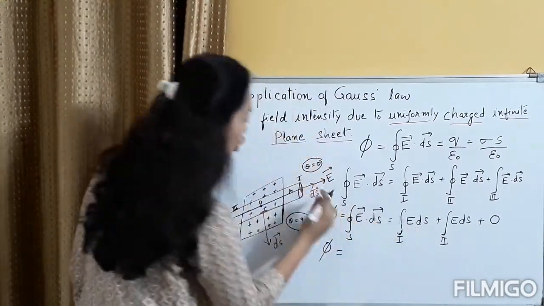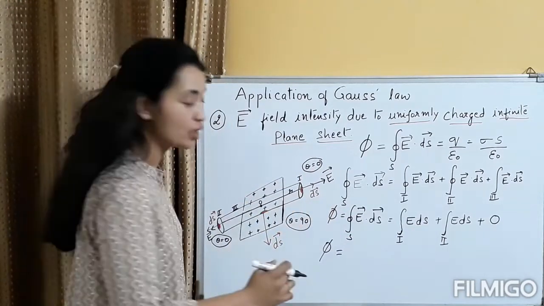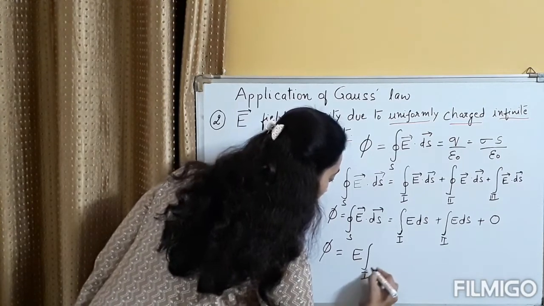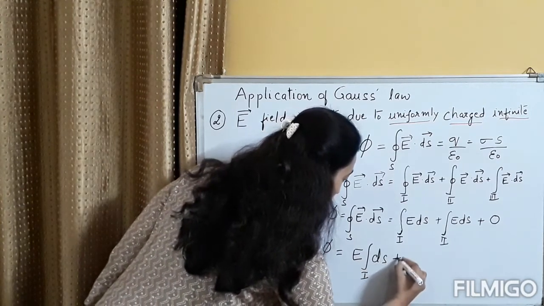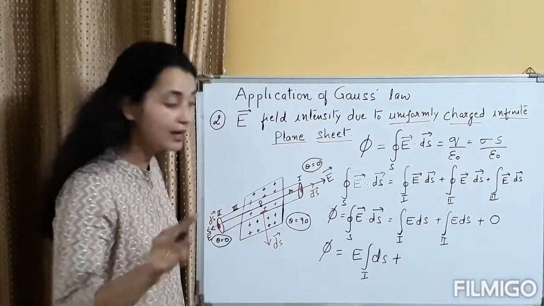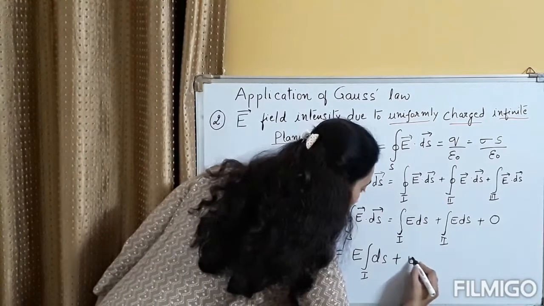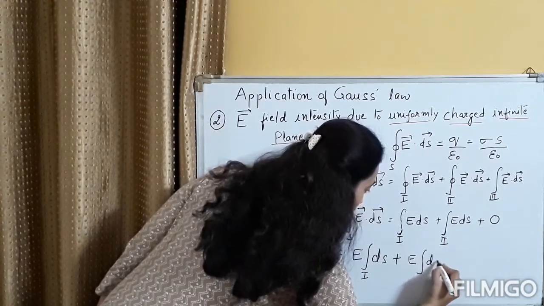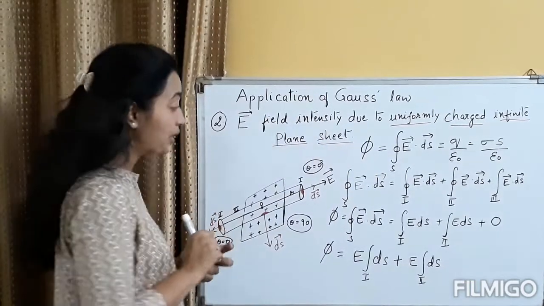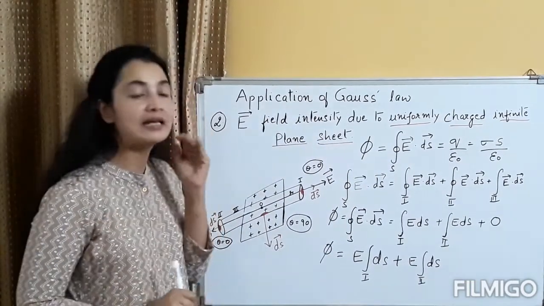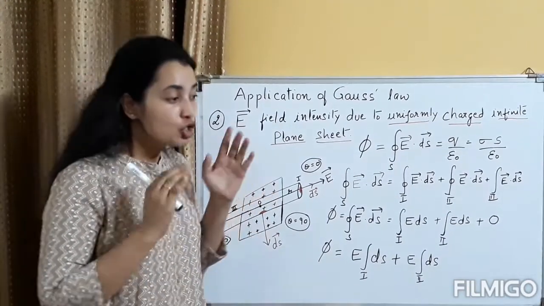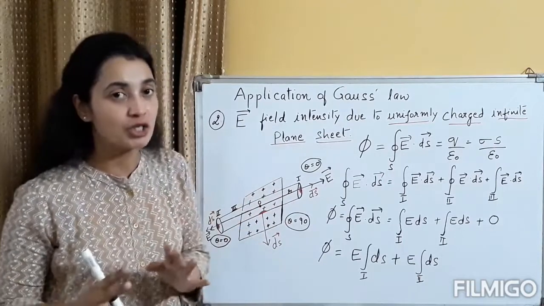This is E being constant over the entire Gaussian surface. It comes out of the integral for the first part, and this becomes E ds plus, here also the electric field is constant over the entire Gaussian surface. So this also comes out of the integral, and you get ds for the second part. If you remember, in the previous episodes I told you the criterion for choosing a Gaussian surface is that the electric field should be constant over the entire Gaussian surface.